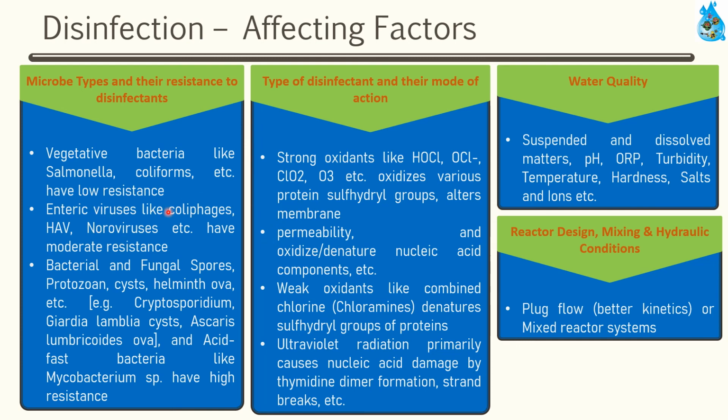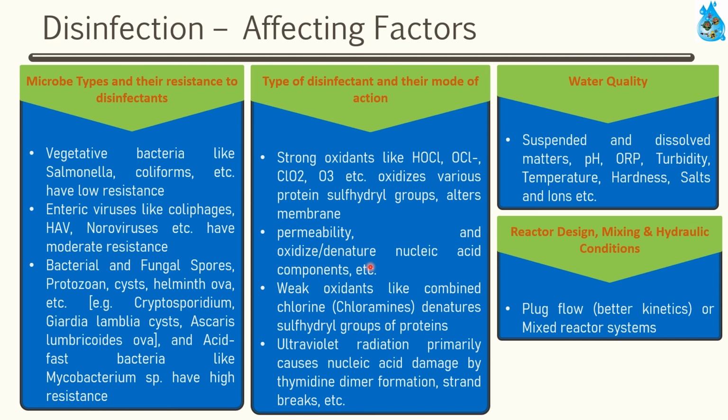In the case of type of disinfectant, they may be strong, weak, or moderate, characterized under these categories depending upon their oxidizing capacity. Then definitely water quality: the more the suspended and dissolved matter, the higher the pH, turbidity, and temperature. These are the different parameters depending on which we need to choose the type of disinfectant.